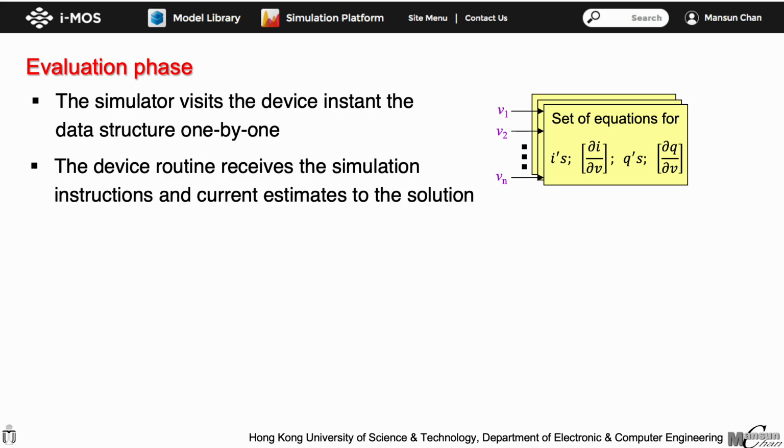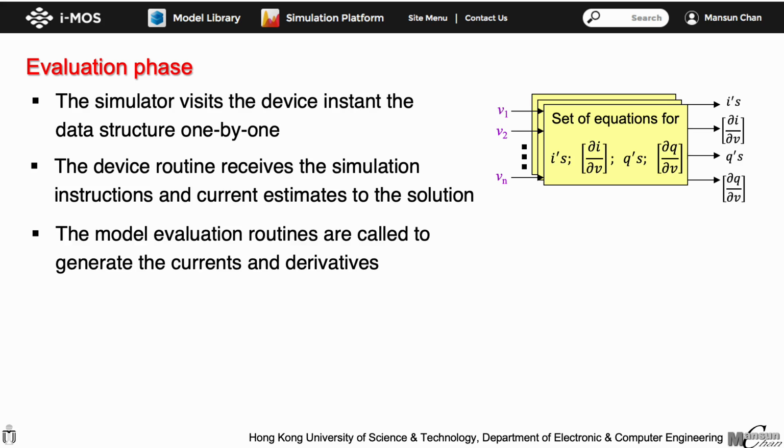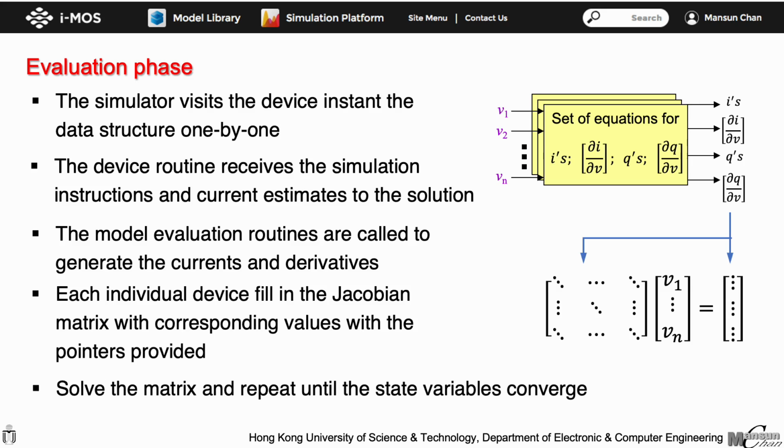The device receives the current estimates to the solutions, or node voltages, provided by the simulator. The model equations are called to generate the currents and derivatives based on the current estimates of the node voltages. Using the calculated currents and derivatives, the device enters its contributions to the Jacobian matrix and the current vector. The process will be repeated for each device following the pointers until all devices are processed.